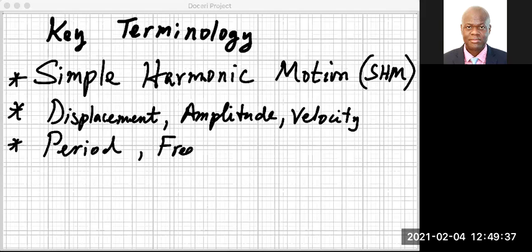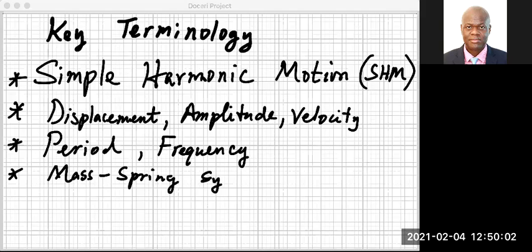These are related. And then we have the two systems that are commonly used to describe simple harmonic motion or oscillations: the mass spring system and the simple pendulum.